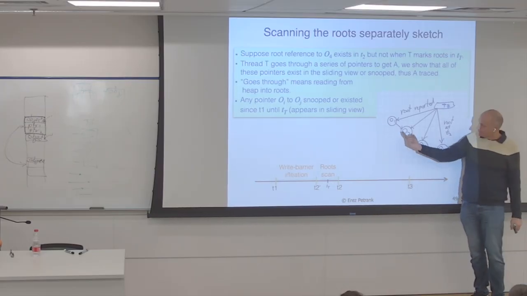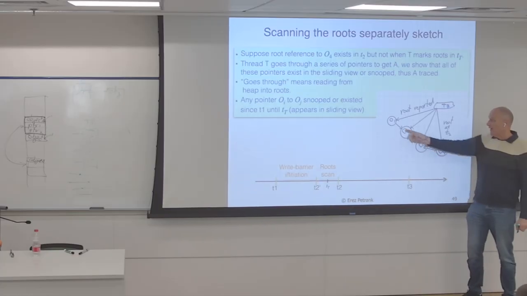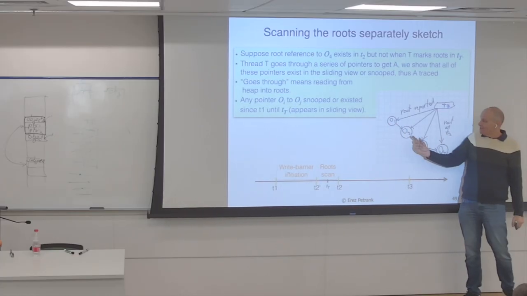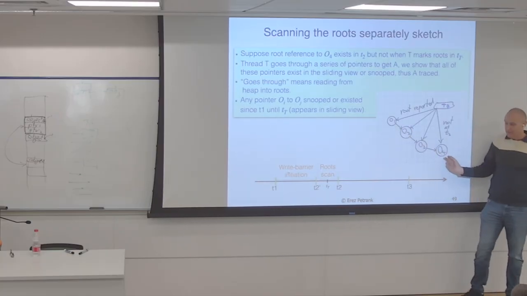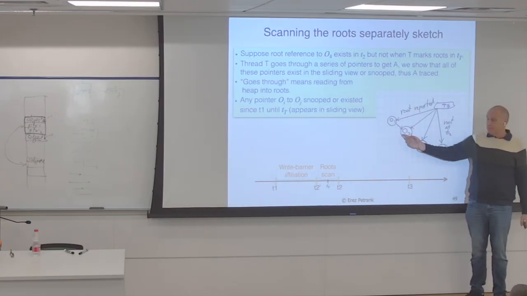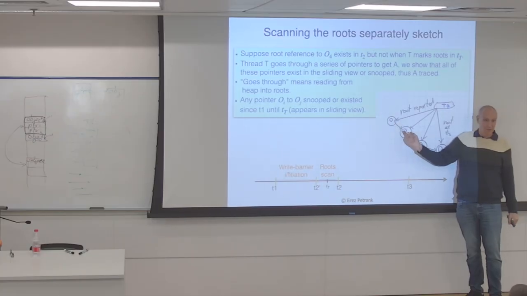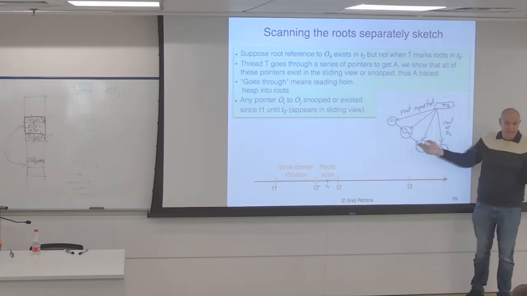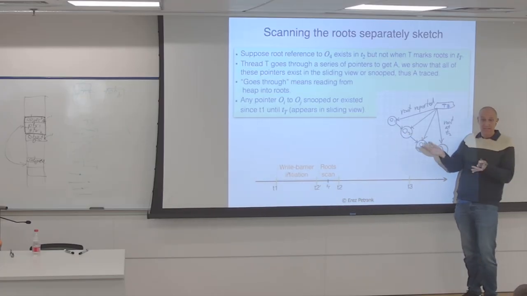And so, do I see this? Can I not see this? So why will I see all these pointers? Maybe one of these pointers could exist there throughout the entire sliding views, and then I will see it because the sliding view will read it. But maybe this pointer was added, and I haven't seen it in the sliding views.